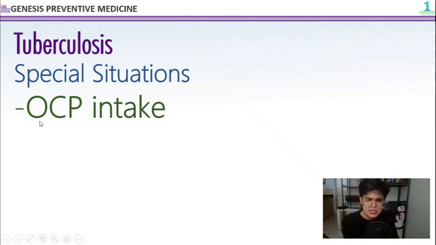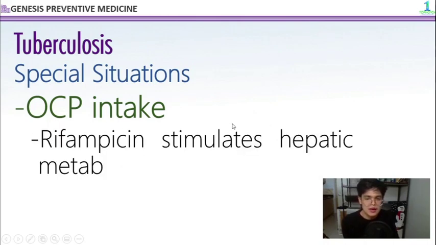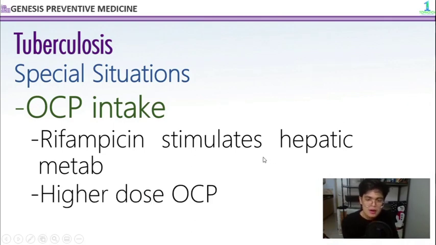For patients taking oral contraceptives, one caveat to note is rifampicin stimulates hepatic metabolism. Therefore, this will cause the depletion and metabolism of the estrogen component of the OCP.